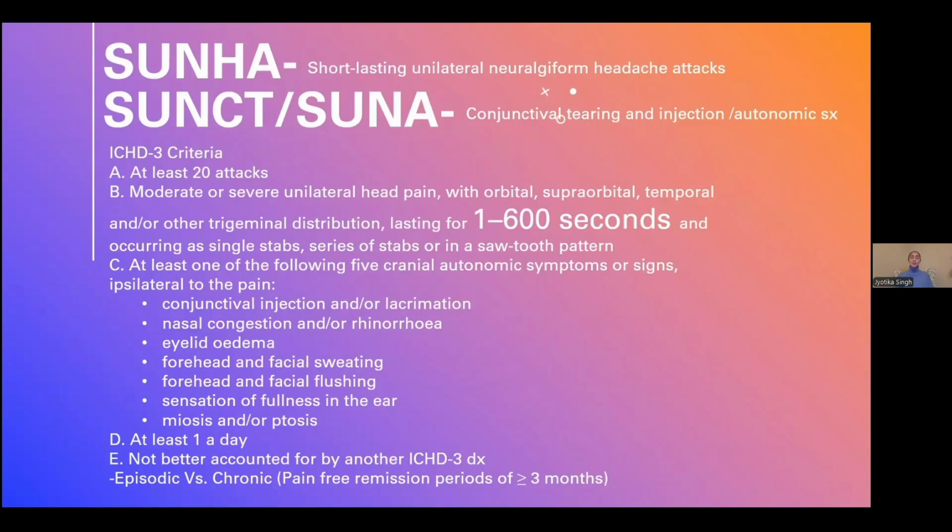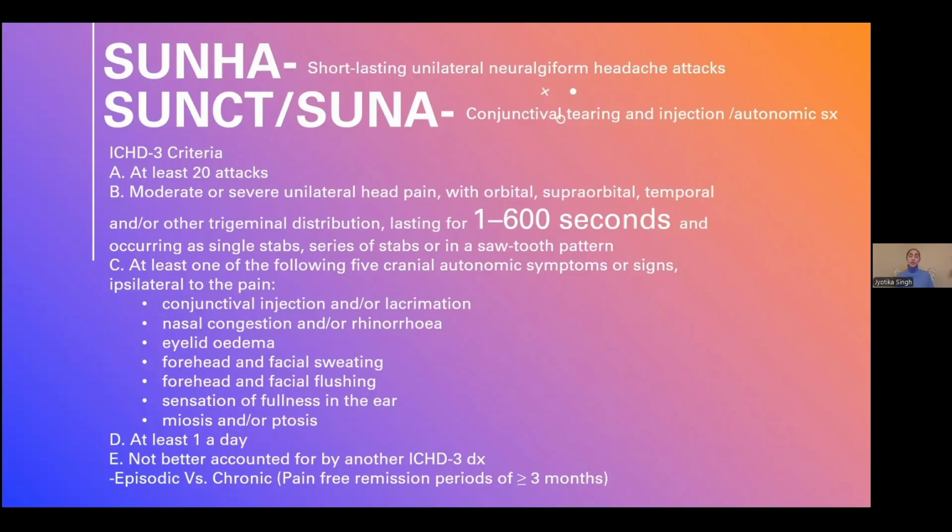Under this umbrella are SUNCT and SUNA, which you may or may not have heard of. Maybe you have this diagnosis. These are separated because SUNCT includes conjunctival tearing and injection, both of these symptoms. That means running of the eye and also redness of the eye. So you have to have both of those symptoms to have SUNCT. And if you only have one of those, or you have some other autonomic symptoms associated with your pain, then you have SUNA.